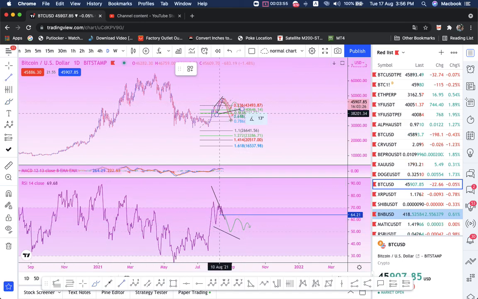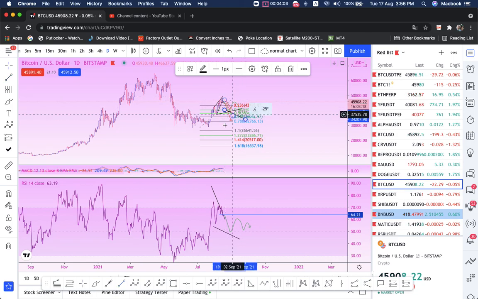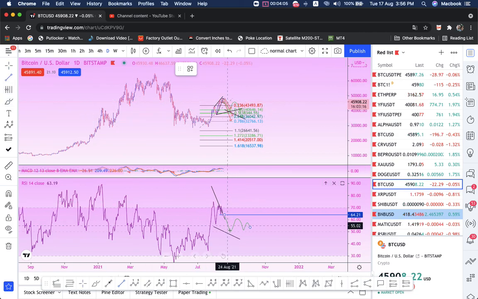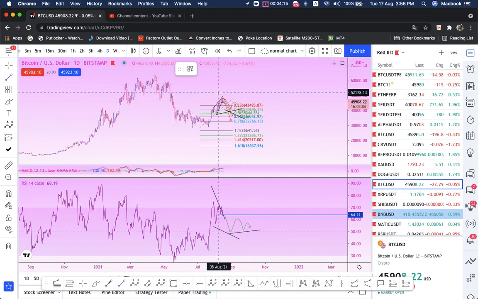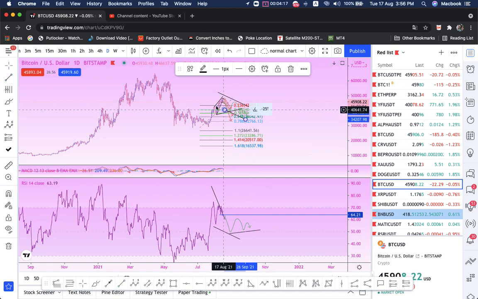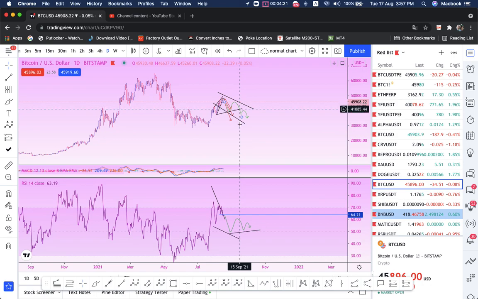Okay, and then it's going to be the first bull divergence and then the second bull divergence here like that. Okay, and then it's going to do some kind of sideways here and then another drop, so kind of make a wedge thing, and it ends up like a wedge like that.